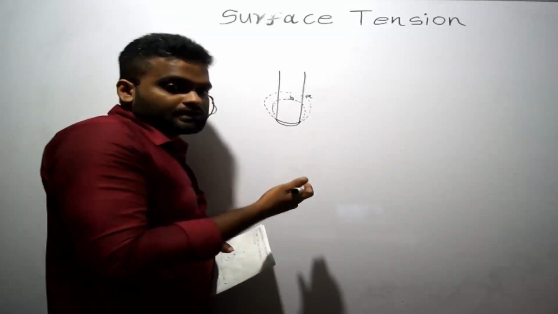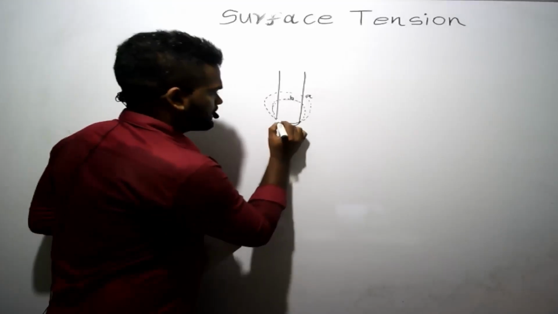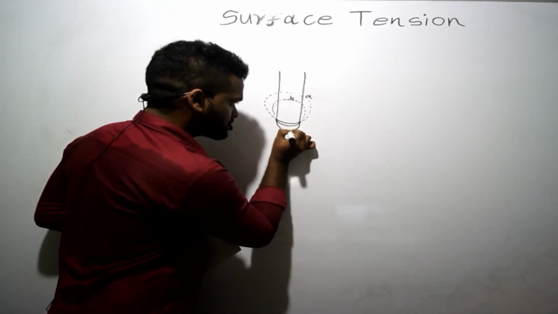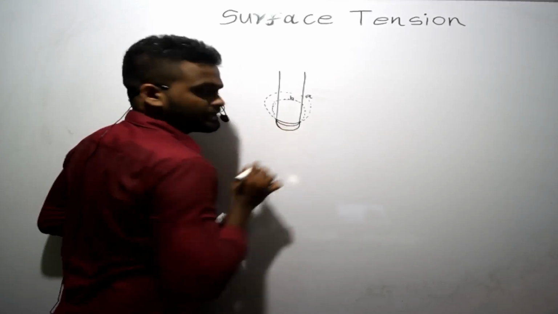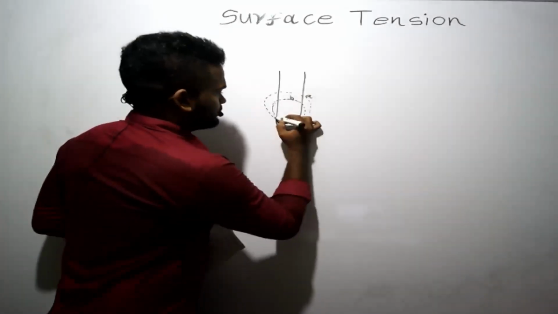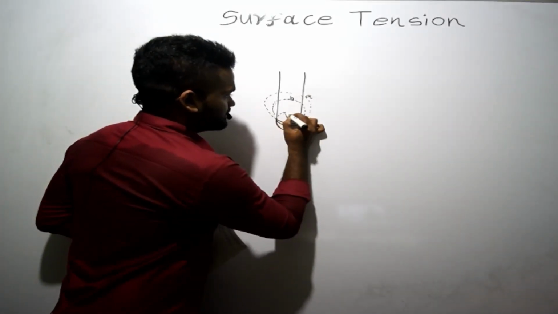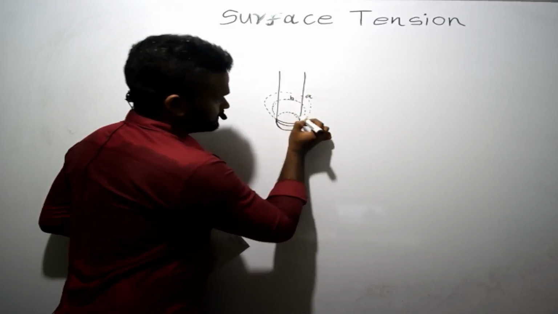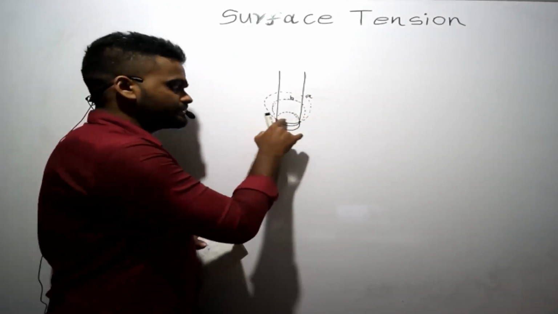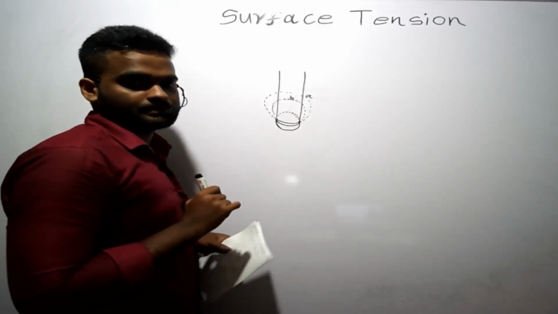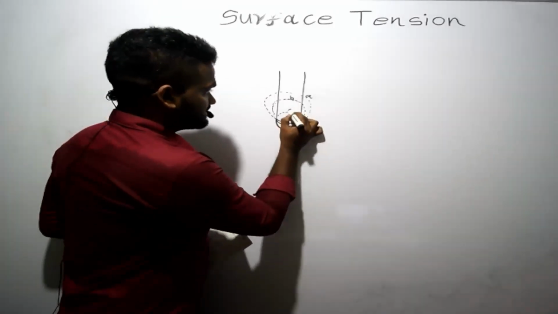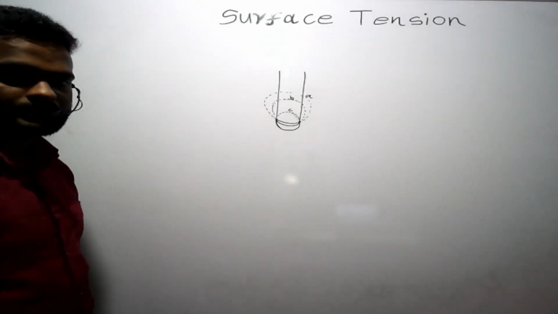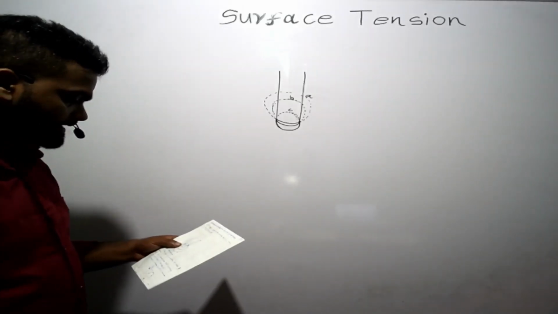Then I further inflate this. Meniscus becomes completely hemispherical. And if you extend the meniscus, it is a complete sphere inside. Now the radius is equal to the internal radius of the pipe. So let's say that is simple C.